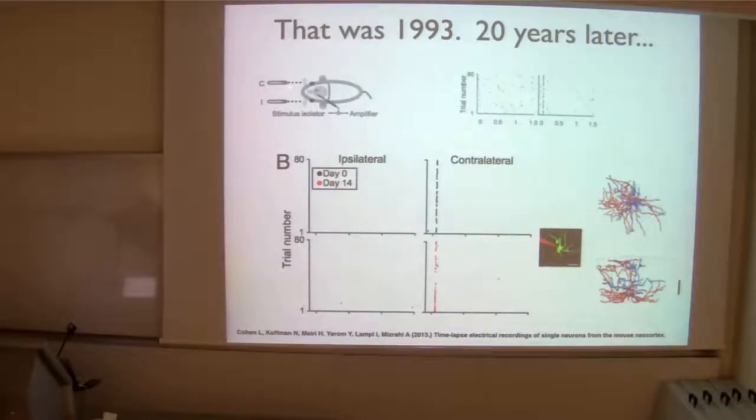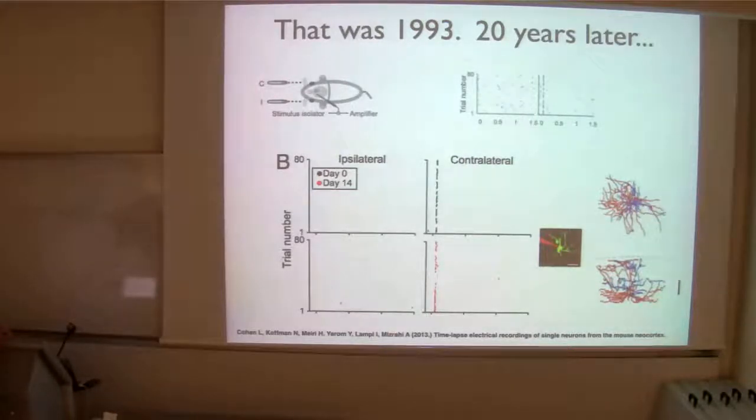And the idea is the following. What you do now is that you take a mouse and you stimulate the whiskers, one on the contralateral side. So if you record from a neuron on the right hemisphere, you stimulate on the left side and compare it to stimulation of the right side.